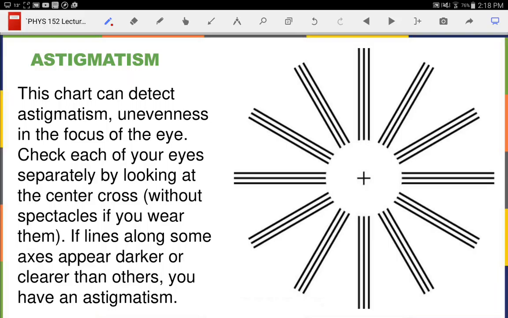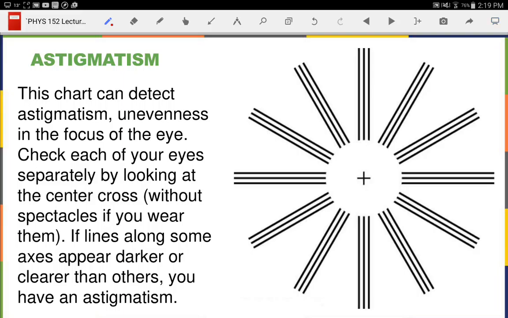Why is it so simple to determine this? Astigmatisms are the result of an eyeball that is not symmetric. If your eyeball is not symmetric, you can treat it like you have two different lenses, one that's focusing light on one axis and one that's focusing light on the other.